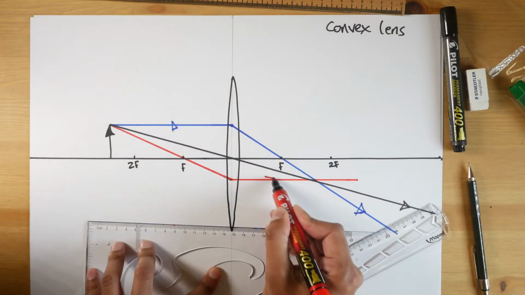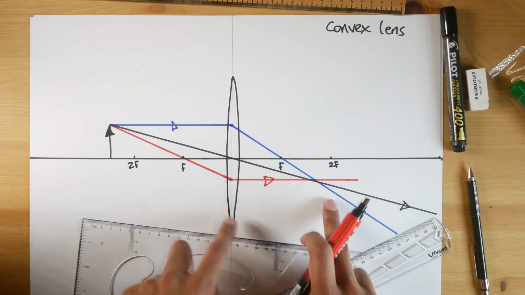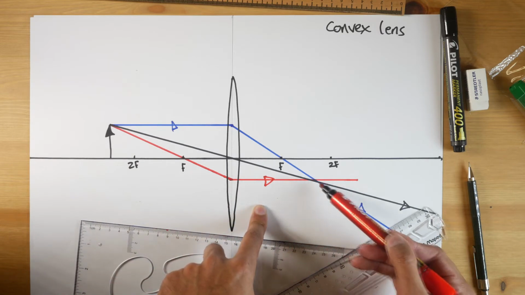Like so. Now, I haven't been massively good in my drawing. It's a little bit out, but if you do it really accurately, it all goes through the same point like so.